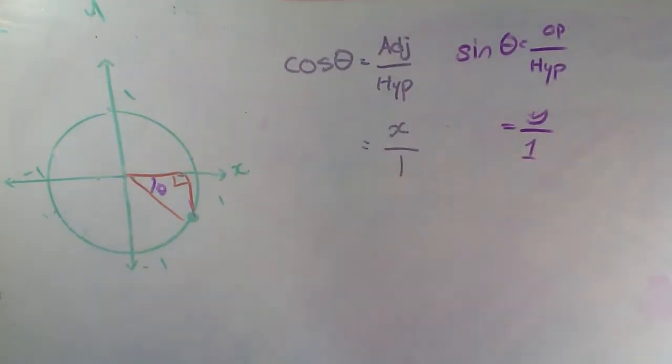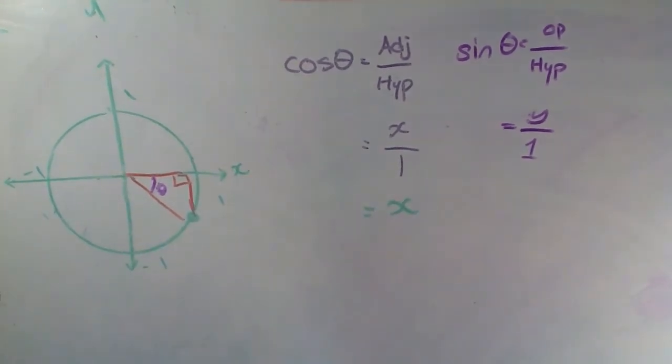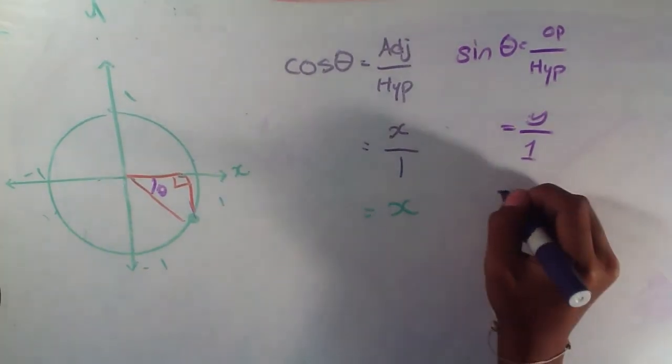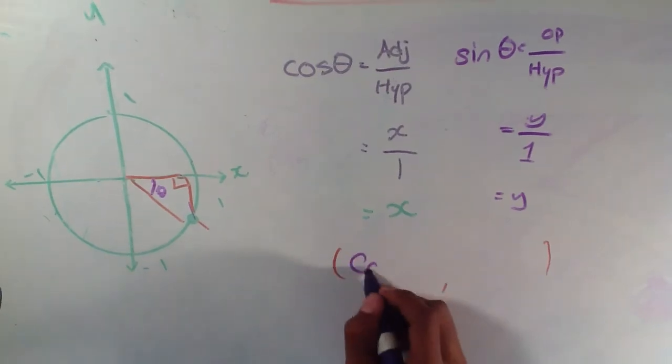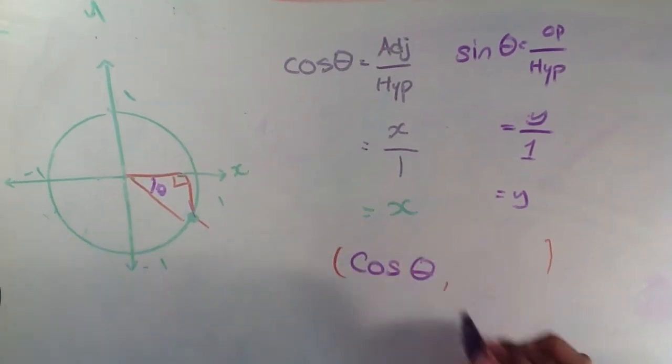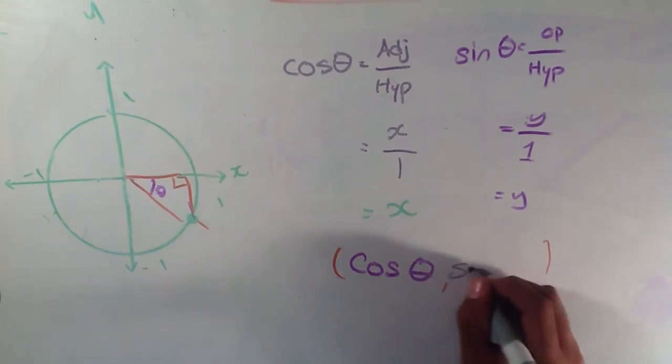So using this, cos theta is equivalent to x, and sine theta is equivalent to y. With these two formulas, we can figure out the coordinates.